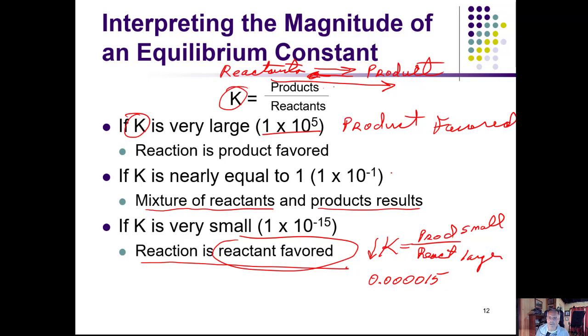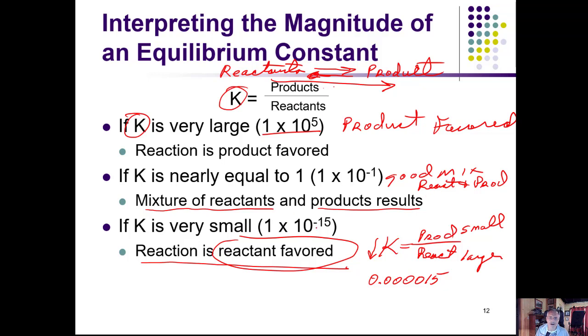If the equilibrium constant is close to 1, you have a good mix of reactants and products. Just remember that if it's a little over 1, it's still a good mix, but slightly product favored. If it's a tiny bit less than 1, it's still a good mix, but reactant favored.